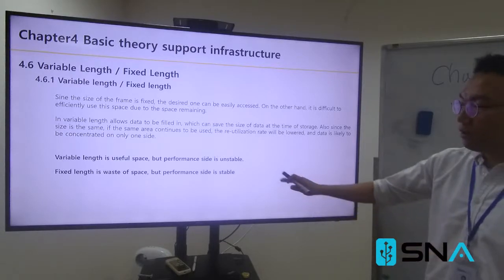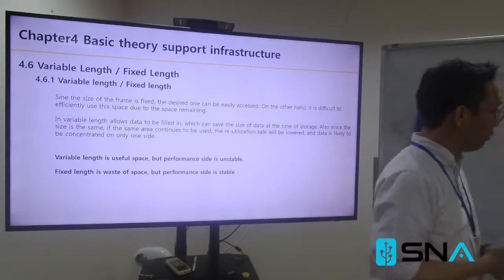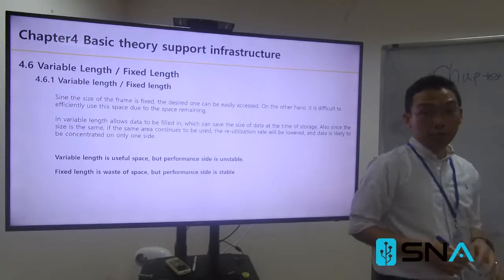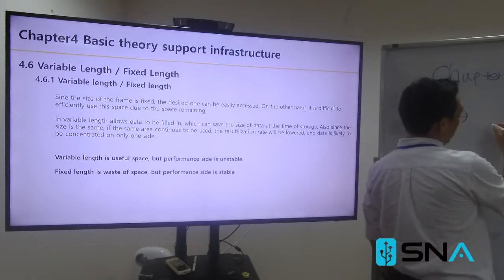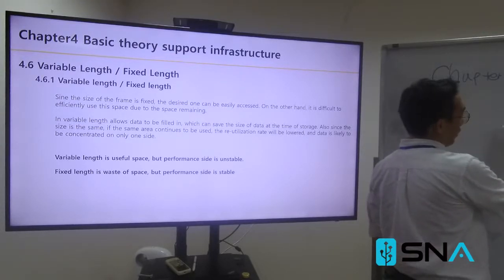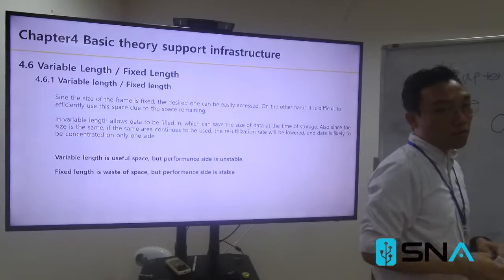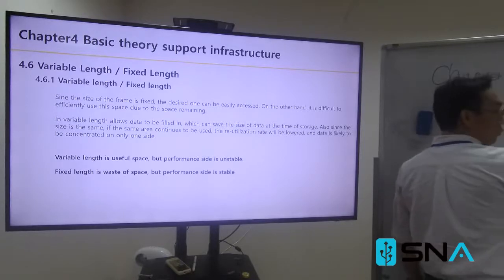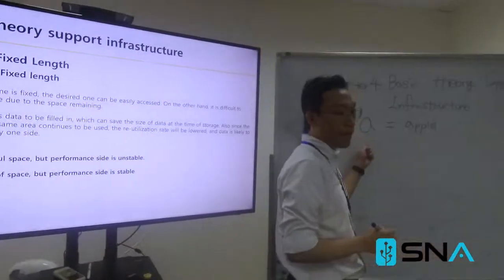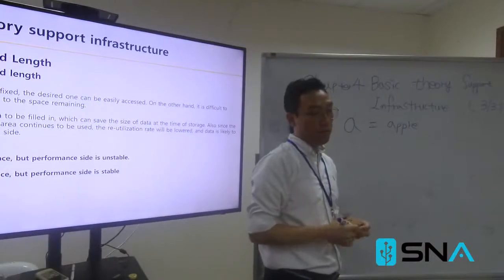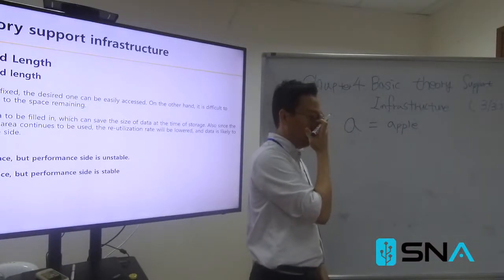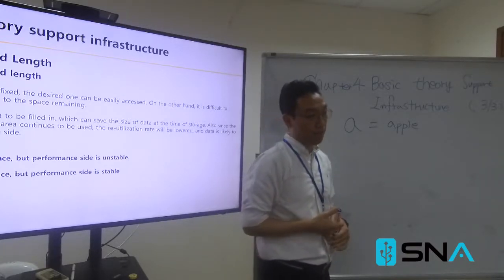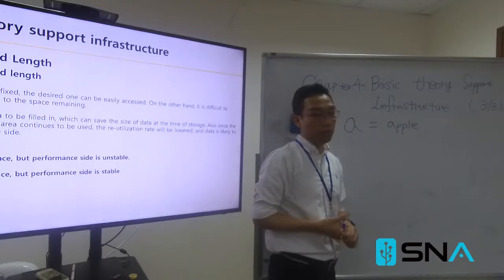Okay, I will explain. For example, one variable: when coding, we can define A equal apple. It's one variable. And we can use another variable type, array variable.